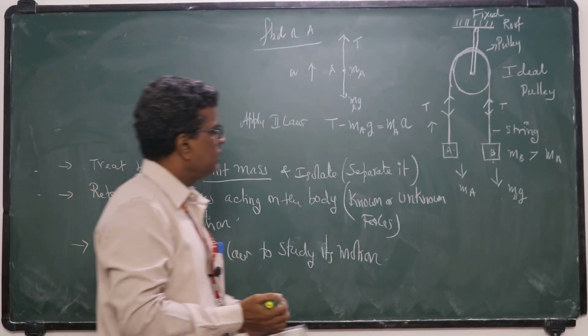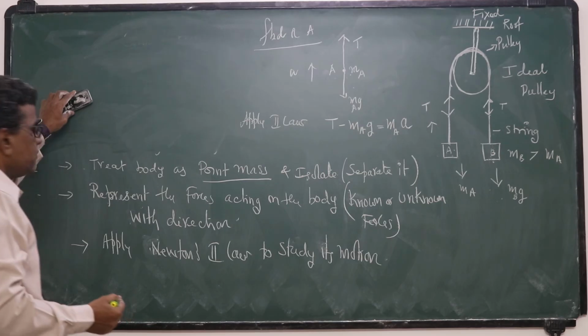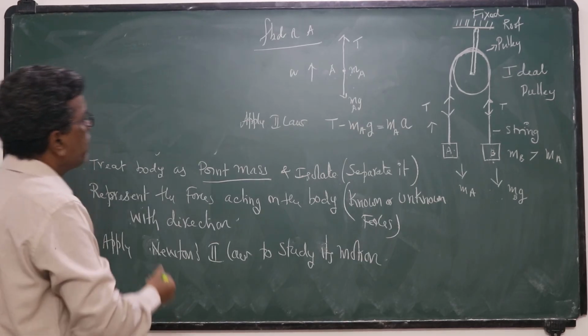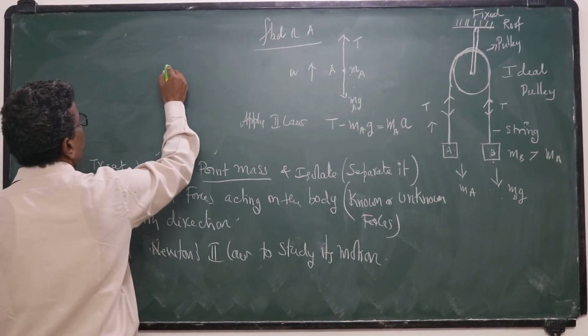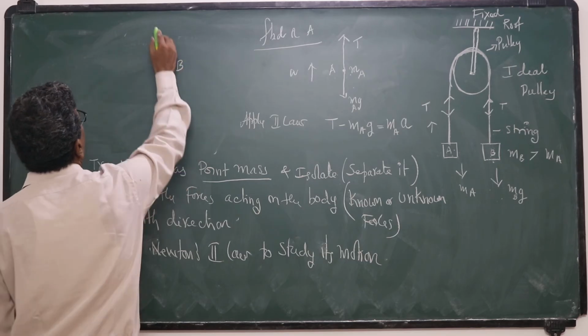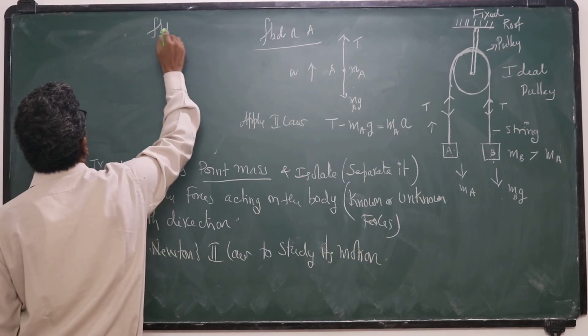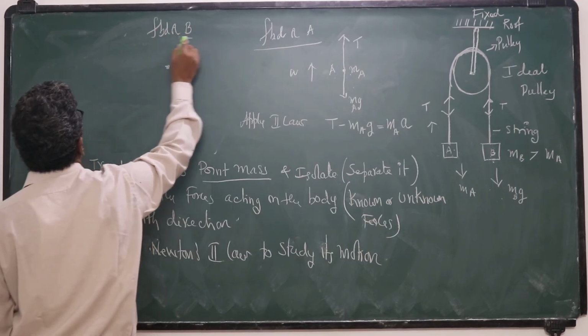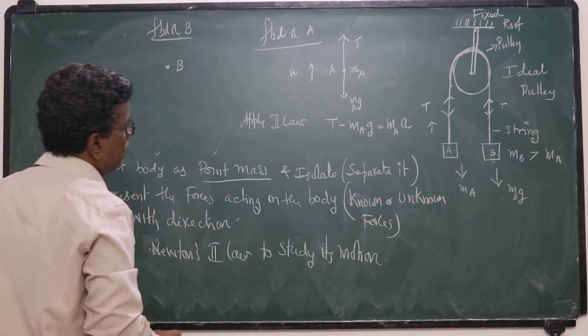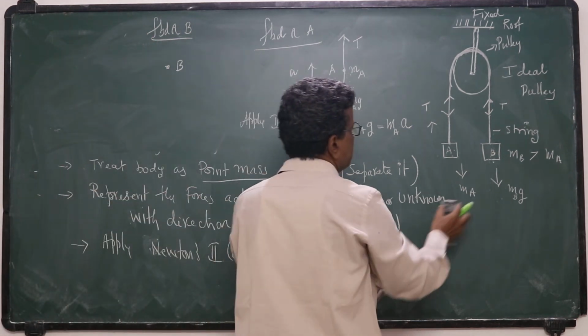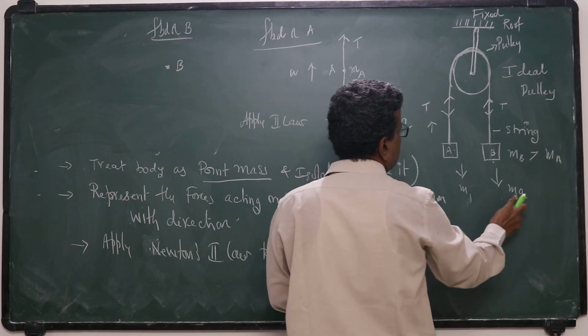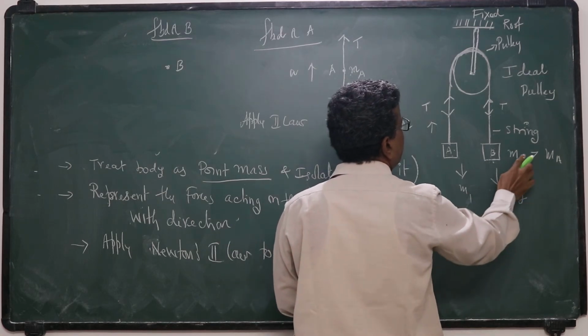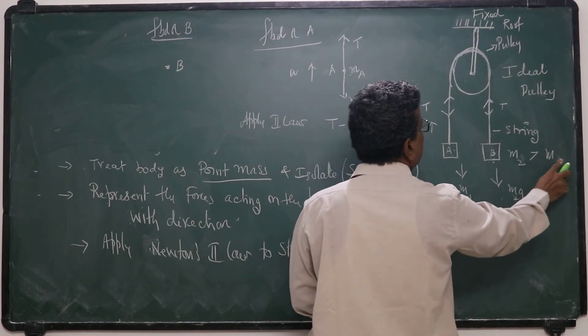And the second one, I want to draw the FBD of B. I will take this one as M1 and this one as M2, with M2 greater than M1.